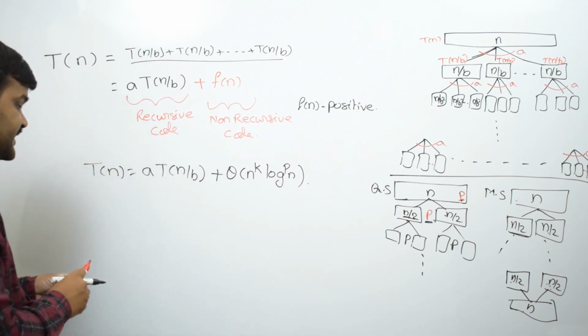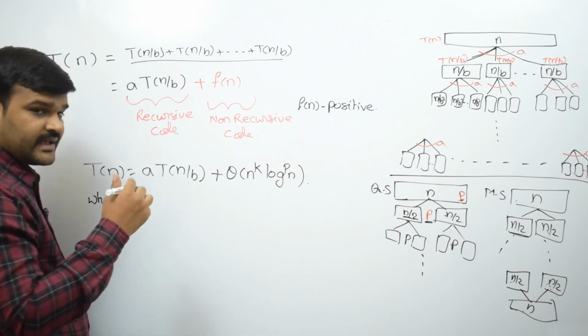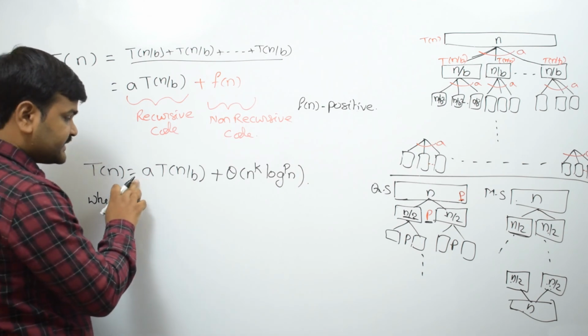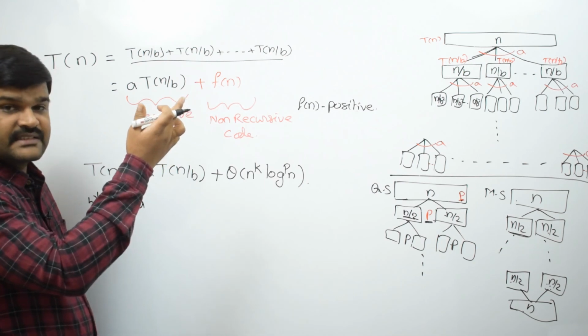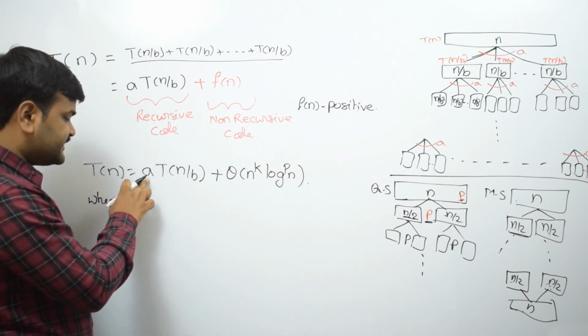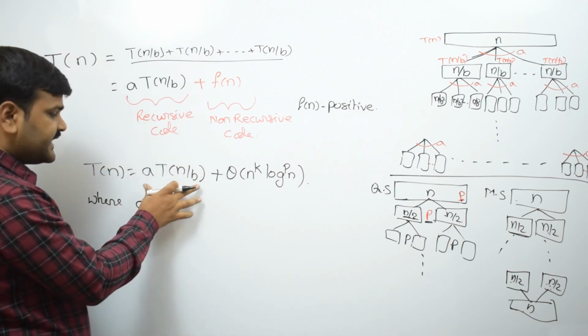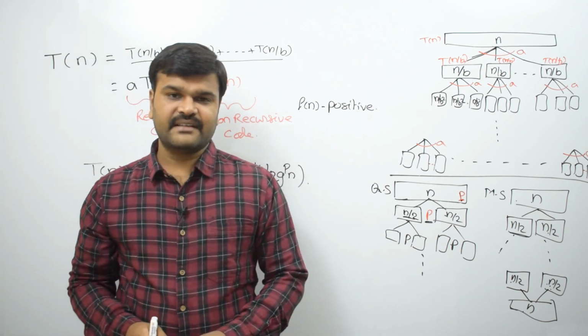And here if you observe, what is a? At least one subproblem must be there, is it or not? Zero subproblems means there is no recursive step, first of all. A is saying the number of subproblems. No recursive step means this is not coming under the divide and conquer strategy.